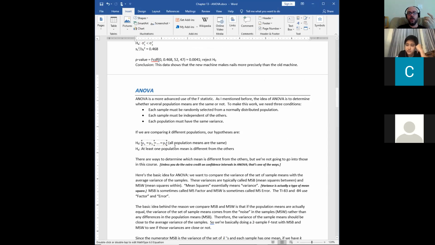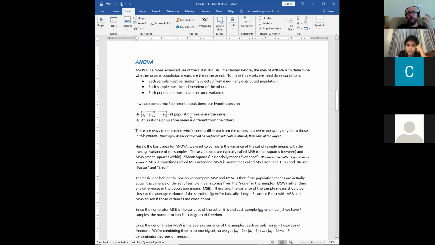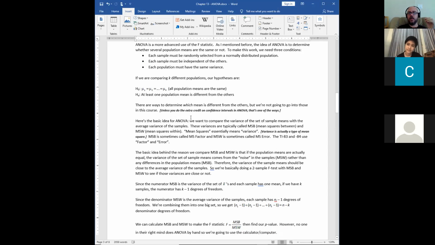For the denominator, because we are effectively pooling all of the samples into one big sample and finding the variance of that, we have the total sample size, minus 1 per sample, which is n minus k.